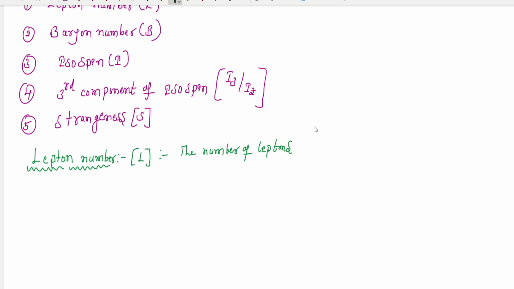Electrons, muons, tau, and their antiparticles. Lepton number and anti-lepton number are conserved.